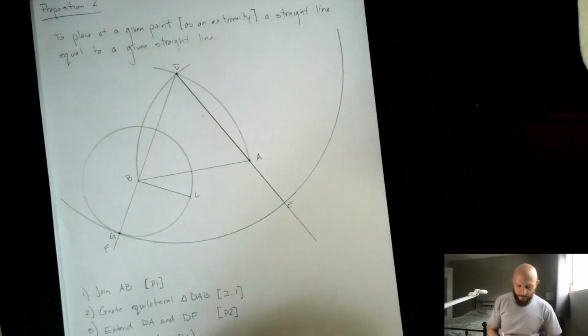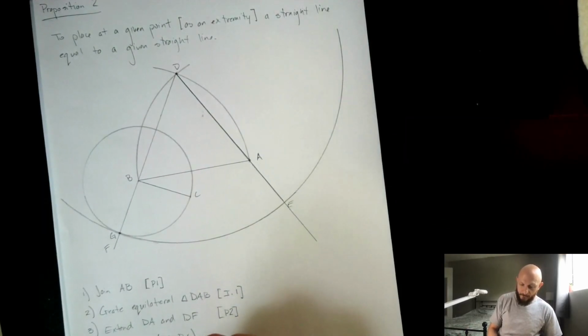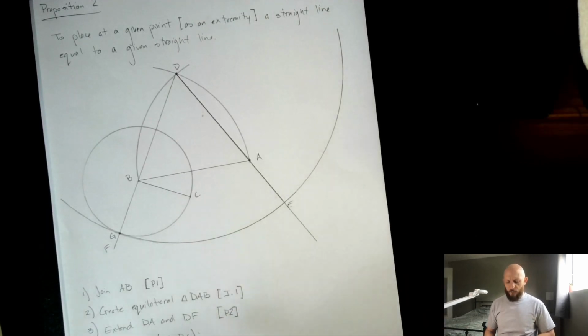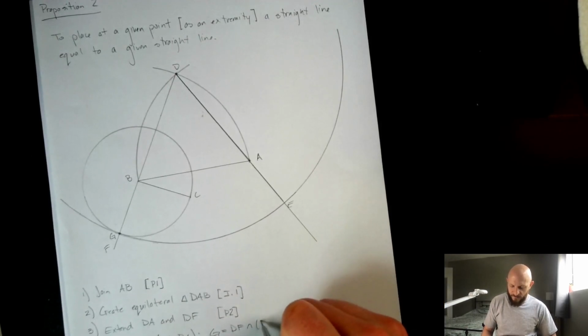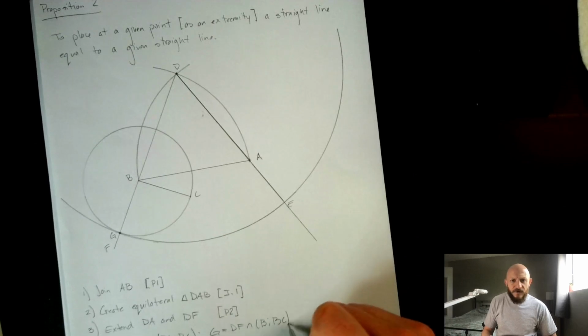Alright, so step 5, we construct DG. And I guess the second part of step 4 is labeling this point, which I didn't do. So let G be the intersection of DF with this new circle, BC.